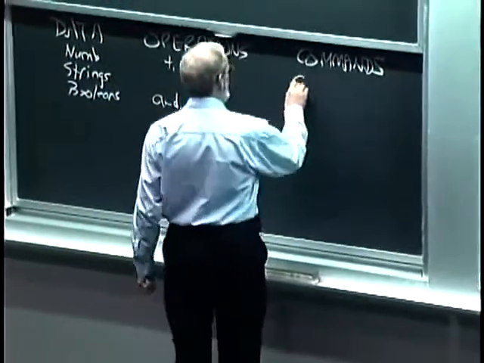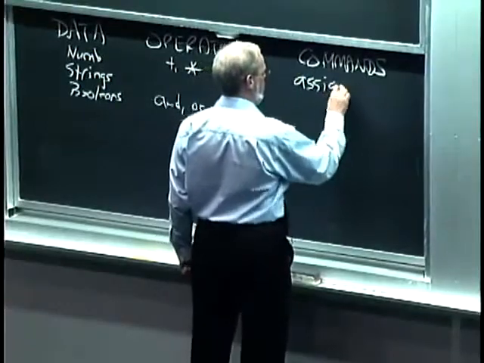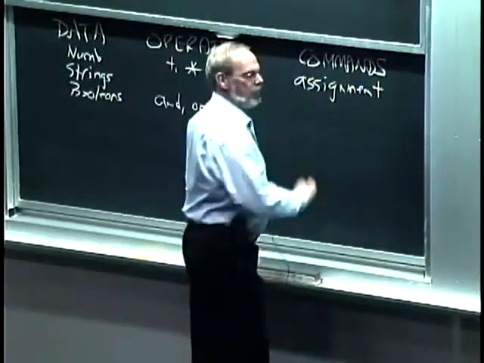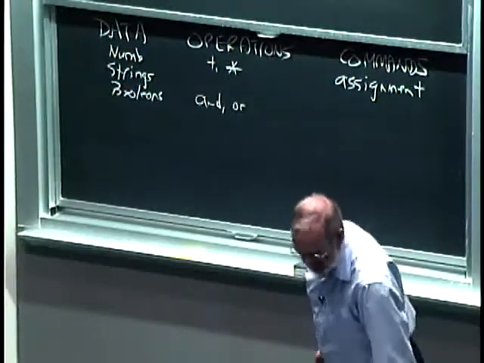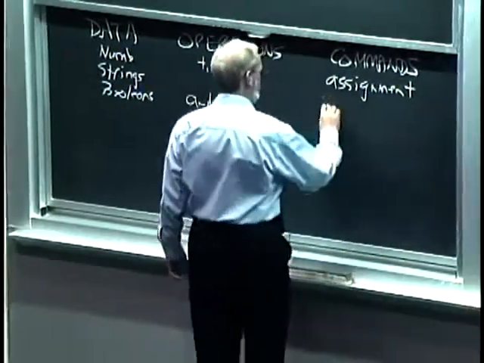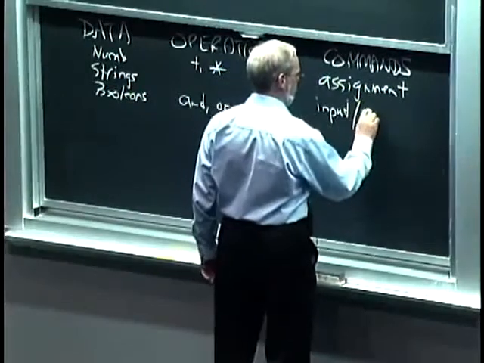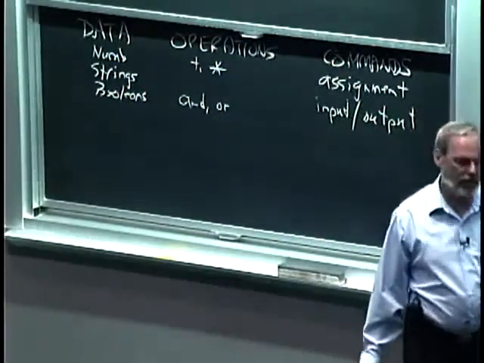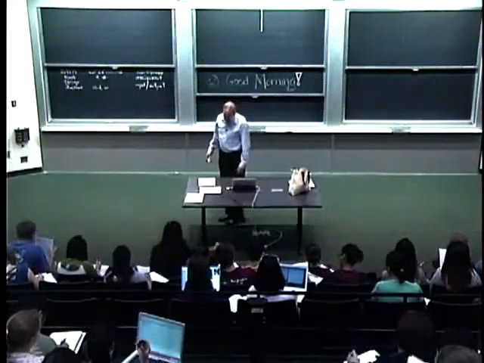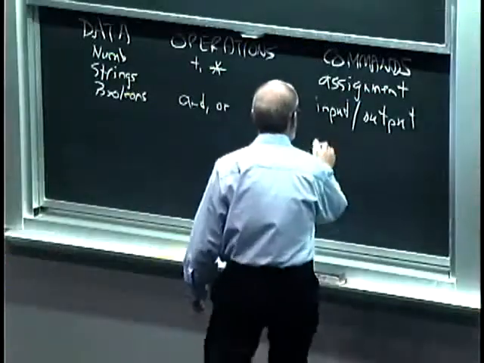And I'm going to suggest we've seen now four different things. We've seen assignment, how to bind a name to a value. We've seen input and output. Print for output, for example, and raw input for input. We've seen conditionals.